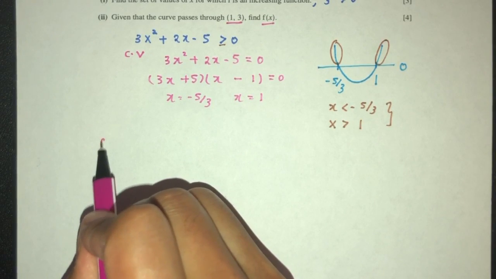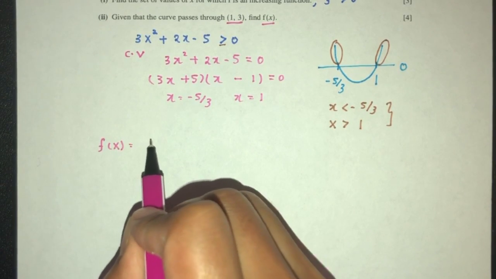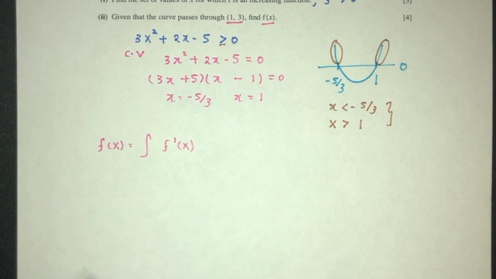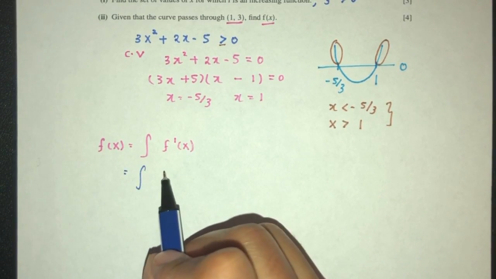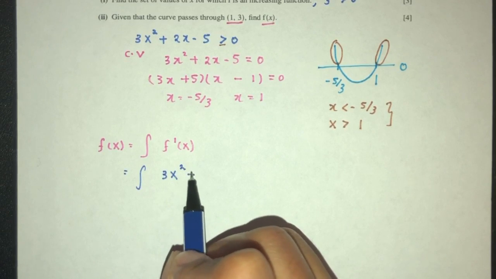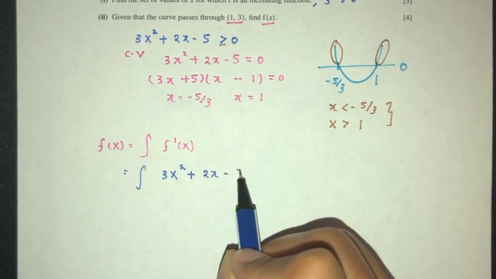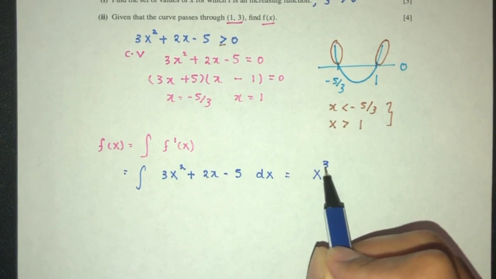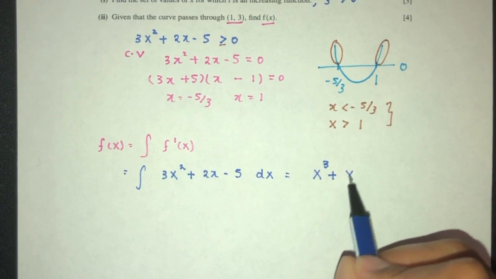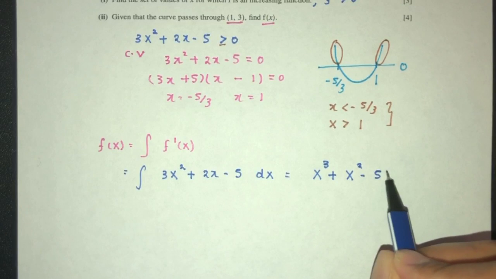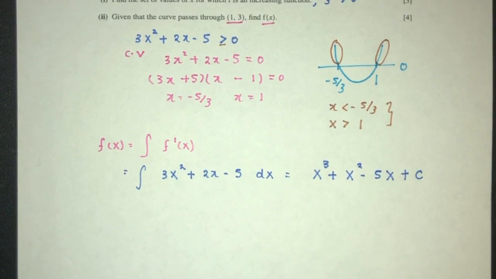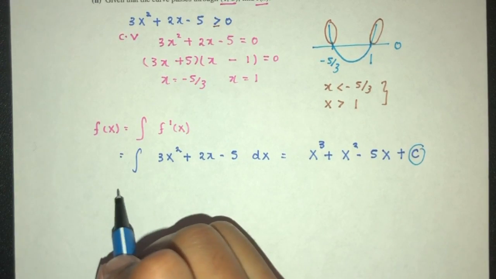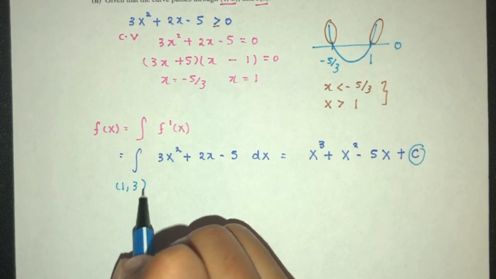To find this, we have to apply integration on f prime of x. So let's do that. That will be the integral of 3x squared plus 2x minus 5 dx. That will be x to the power 3 plus x squared minus 5x plus c. So we have to find c by using the point (1, 3).